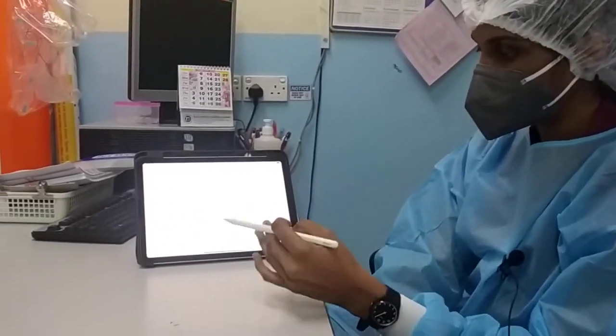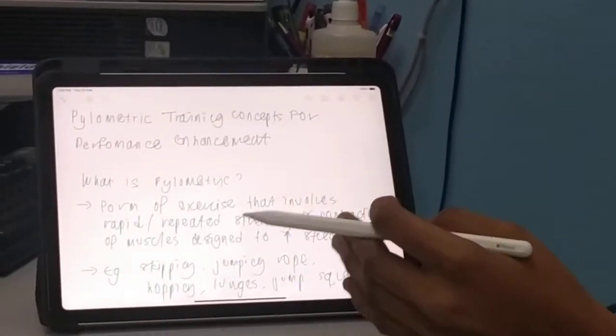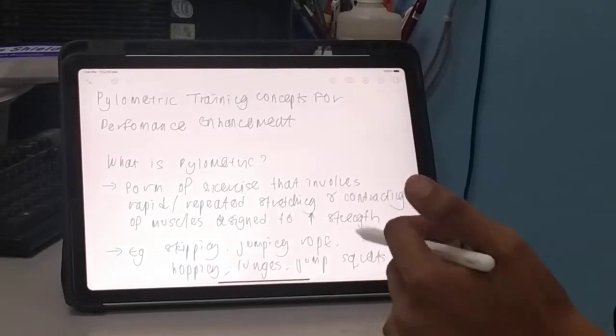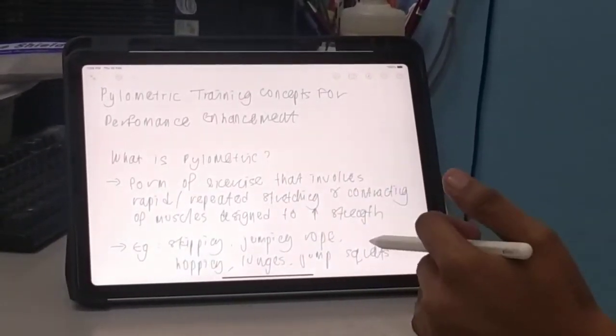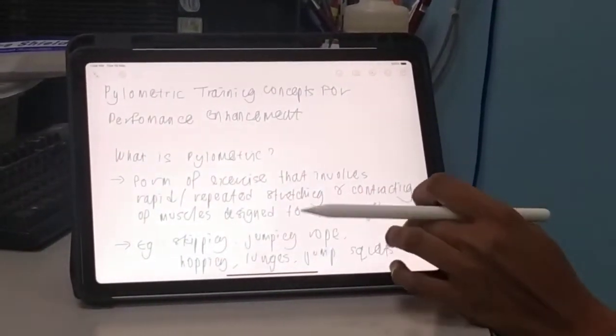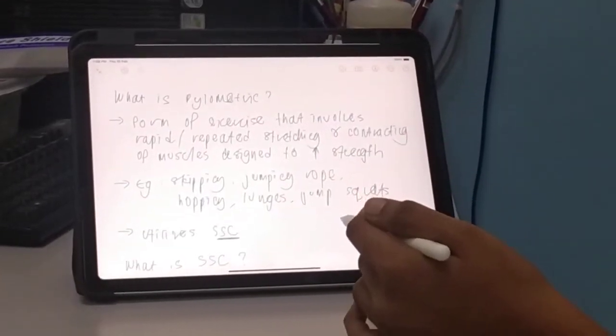Basically the contractile elements and the mechanism, the cross bridging and also the sliding filament theory, which is very important in the plyometric training concept.